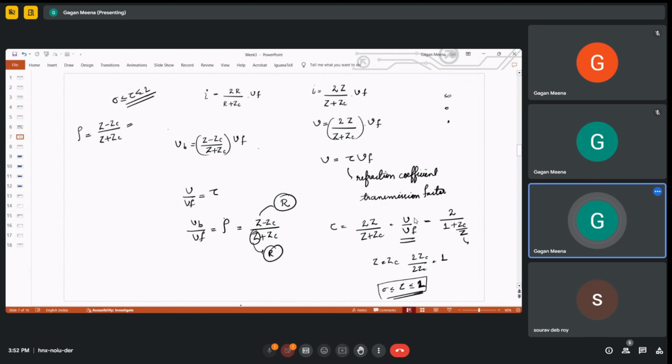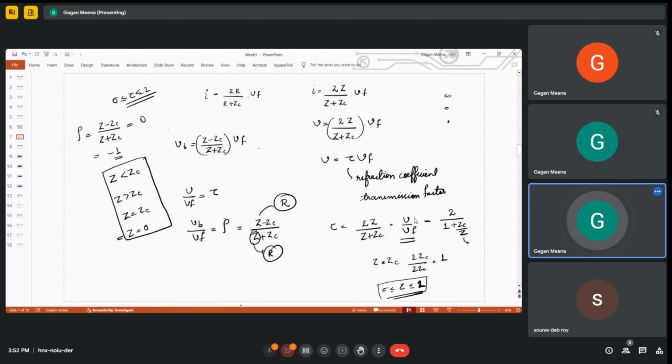Now let us see what happens with the reflection coefficient. If we take impedance Z as same as ZC, then it becomes 0. If Z is 0, then it becomes -1. Z can be less than ZC, Z can be more than ZC, Z can be equal to ZC, and Z can be equal to 0.